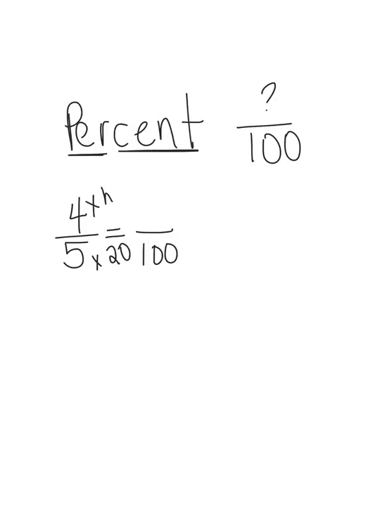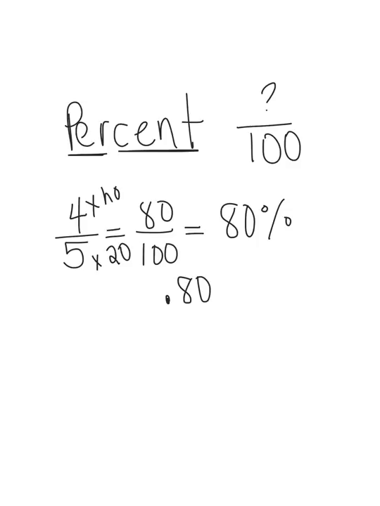So 4 times 20 gives me 80. Because this is out of 100 already, I know that this is equivalent to 80%. Okay. Now, if I wanted to write 80% as a decimal, or 80 hundredths, I know that my hundredths place is 2 places after the decimal, and so it would look something like that.